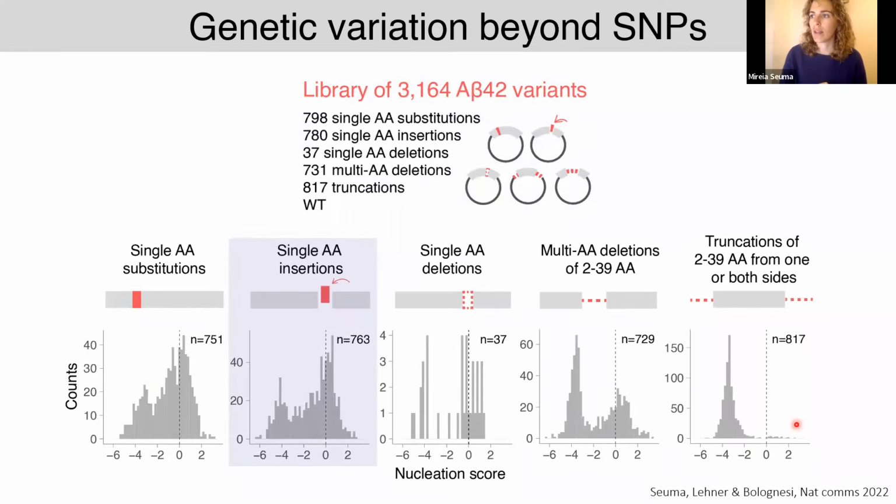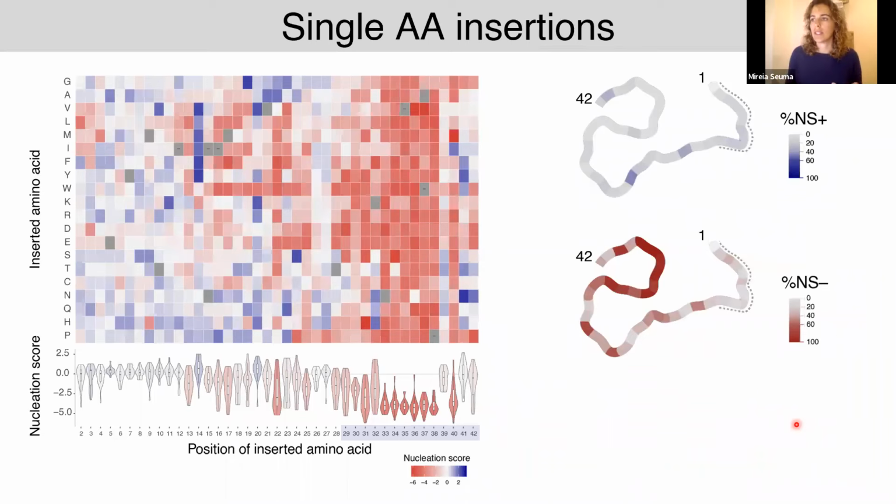Let's start with single amino acid insertions. This is the heat map of insertions. In this case, I'm adding one extra amino acid at every position at a time. And this heat map is quite similar to that of substitutions, but it has some differences.